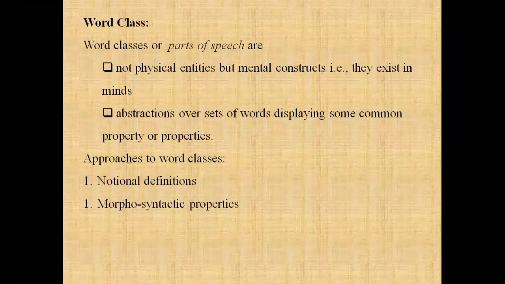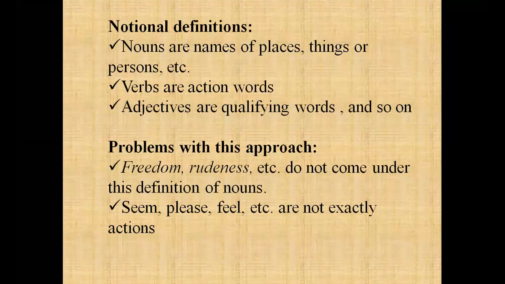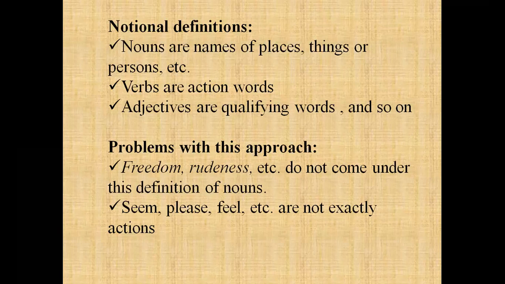For example, we generally define nouns as names of places, things, or persons. In the same way, we define verbs as action words, and adjectives as qualifying words, and so on. But if we follow the traditional definitions, some problems may arise.